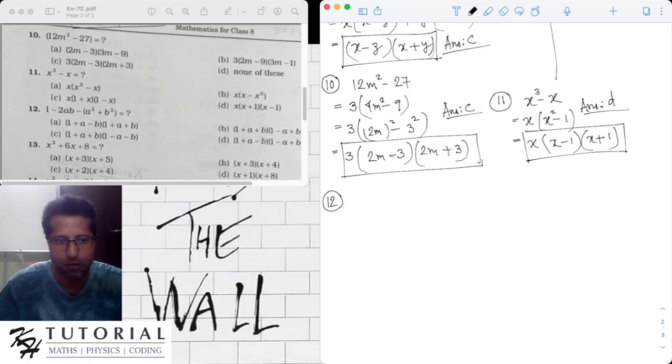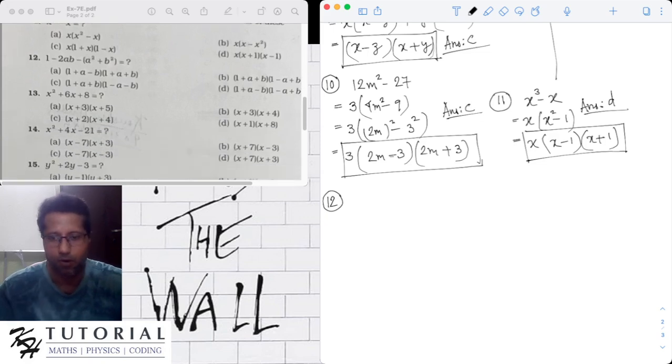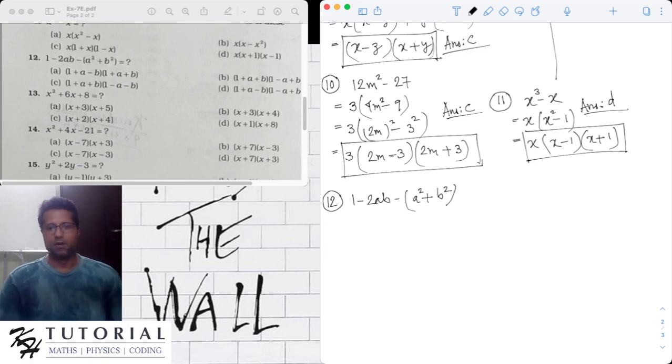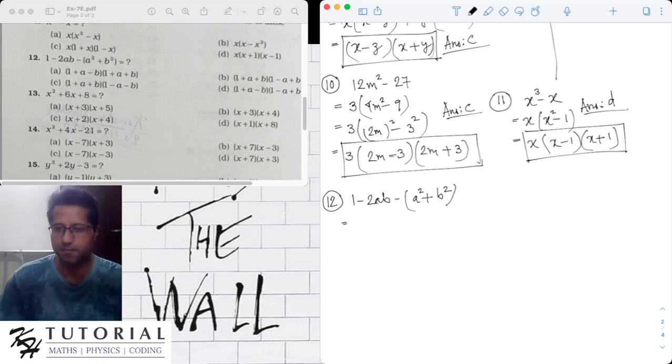Let's do 12. The polynomial given is 1 minus twice ab minus of a square plus b square. Okay. Now, so we see the terms a square, b square, and also twice ab. Let's see if we can somehow arrange them properly to get either a minus b whole square or a plus b whole square.